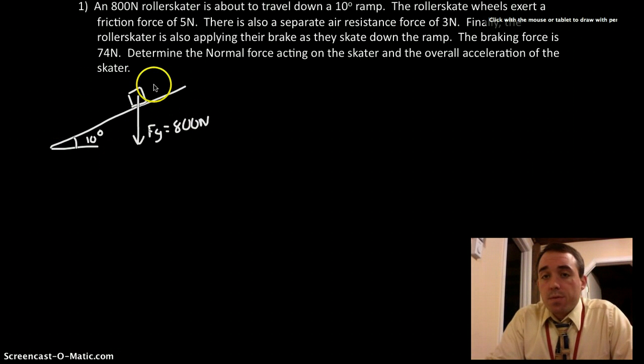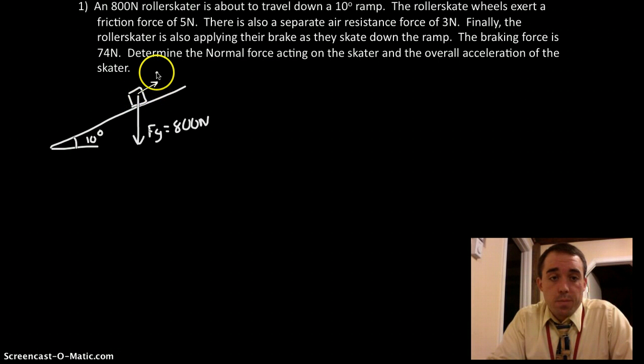Some of the other forces we have are a 5 Newton friction force. We actually have 3 forces that we're going to have to draw up. A friction force of 5 newtons. An air friction force of 3 newtons. It's another FF though.